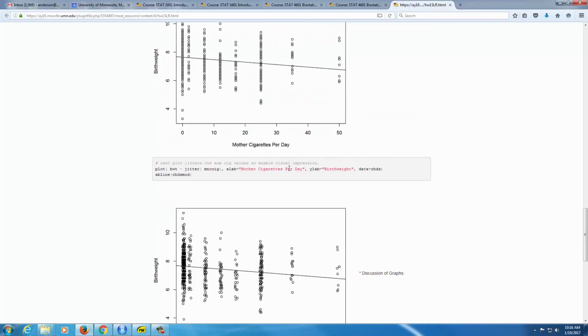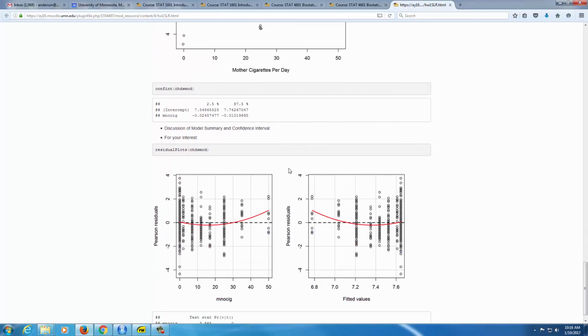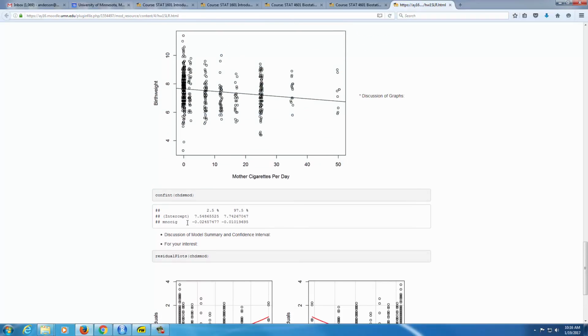And so what I would like you to do here is, at this point, it says discussion of model summary and confidence interval, so I'd like you to use the confidence interval for the population slope, the relationship between cigarettes and birth weight. Talk about the fact that this appears to be all different from zero.